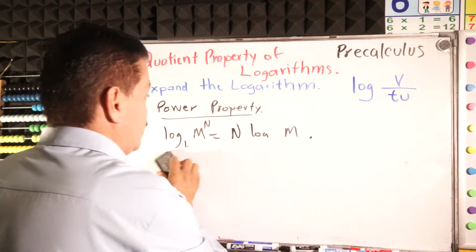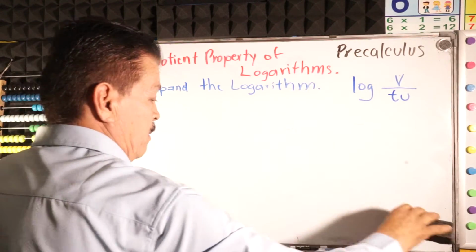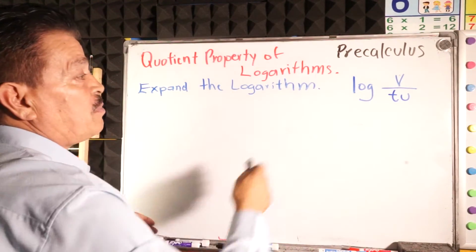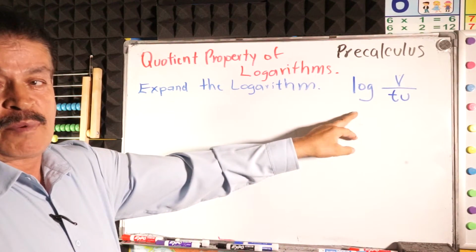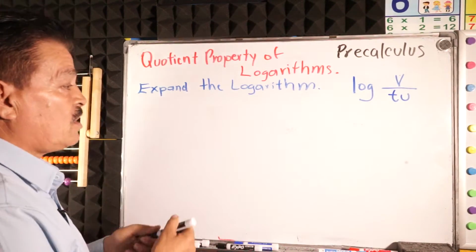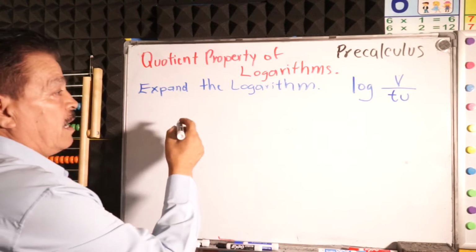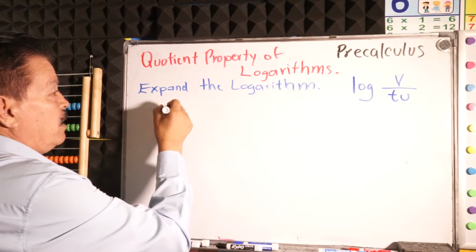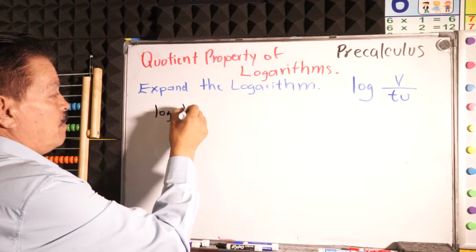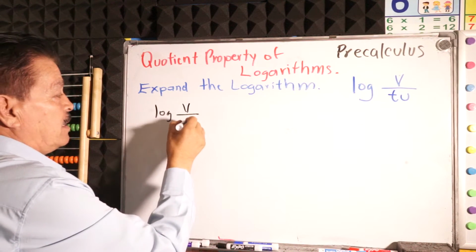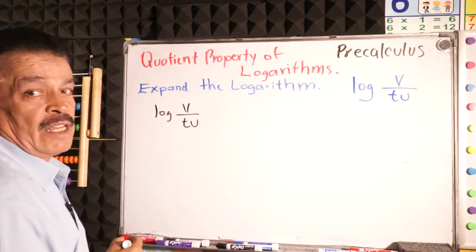All right, let's solve our problem for today. Expand the logarithm of this problem. The first step, I will rewrite the problem here: log b divided by tu.